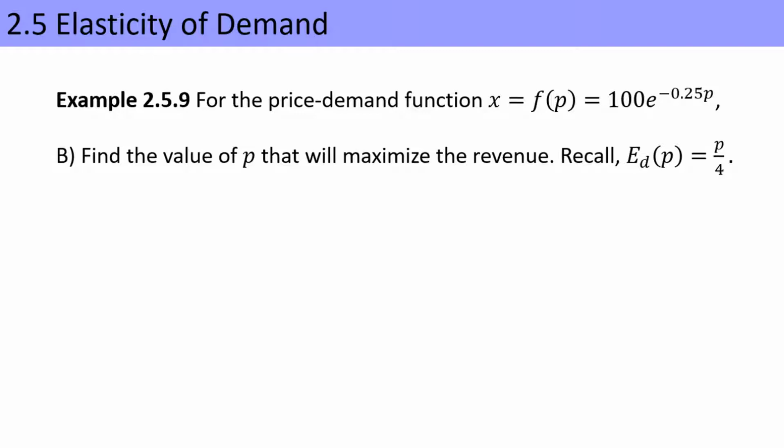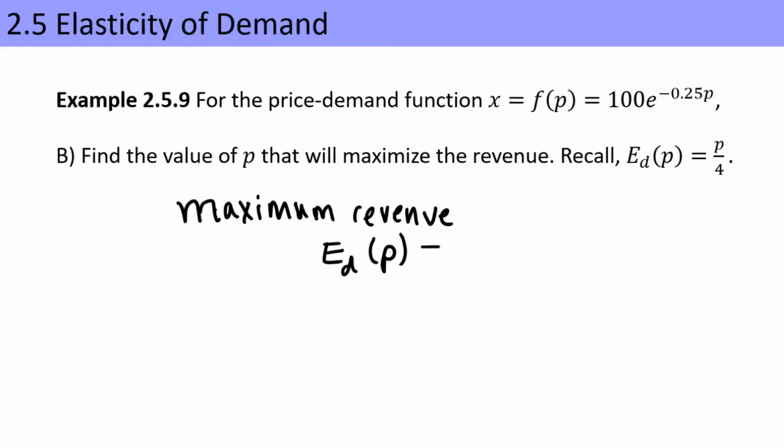We just learned that you have maximum revenue with respect to the elasticity of demand, E sub D of P, when it is equal to 1. So let's take the value we solved, which was P over 4 for the elasticity of demand, and set it equal to 1. Solving for P, we'll get $4. The price of $4 will maximize the revenue.